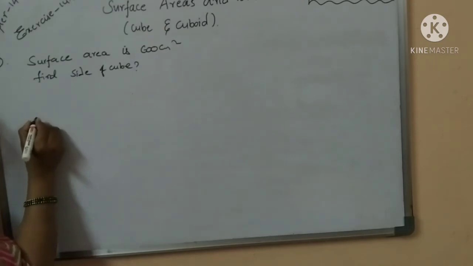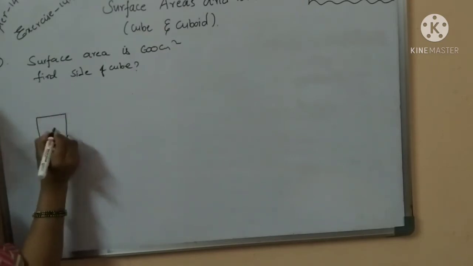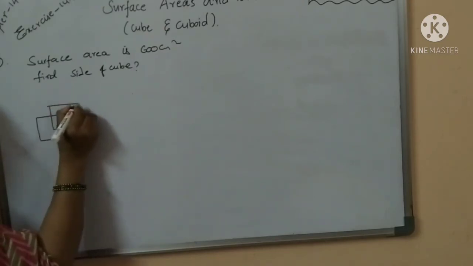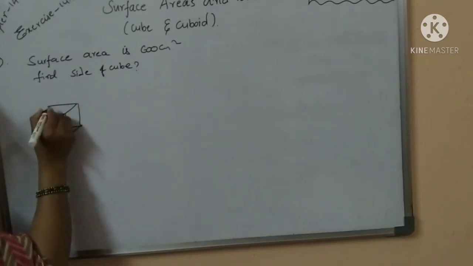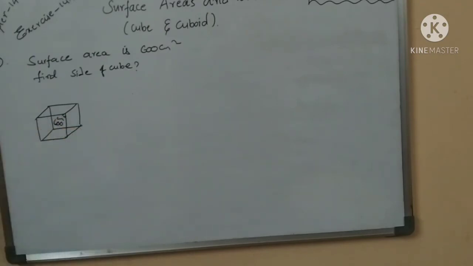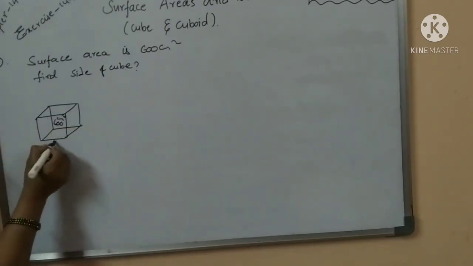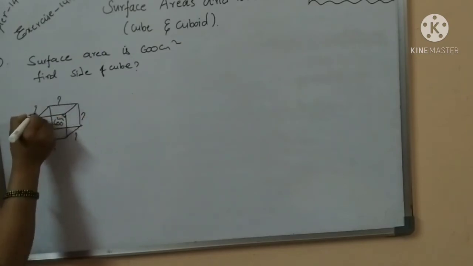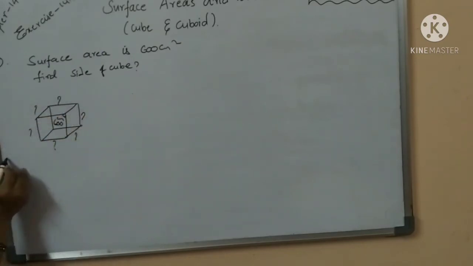So here draw the cube. A cube means all sides are the same, but here the surface area of the cube is given as 600 centimeters square. So find the side.